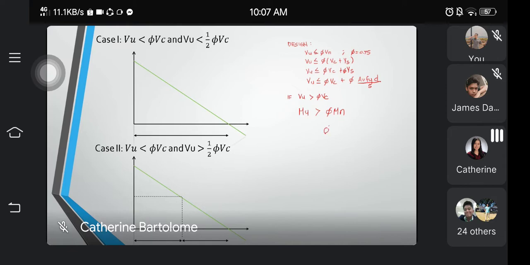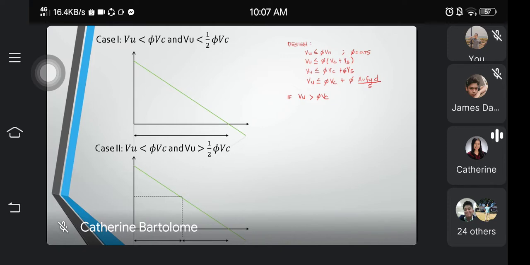Di ba, VN should always be greater than or equal to VU. Kasi pag sinabi yung VU, that is the ultimate shear or moment that will be experienced by the beam. So if it turns out that your ultimate shear na ma-experience ng beam mo is more than your capacity, it means failed yan, di ba?